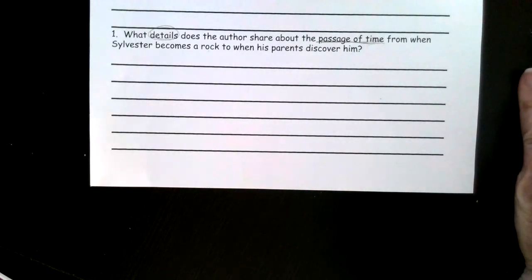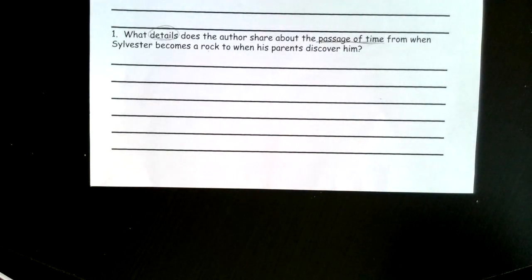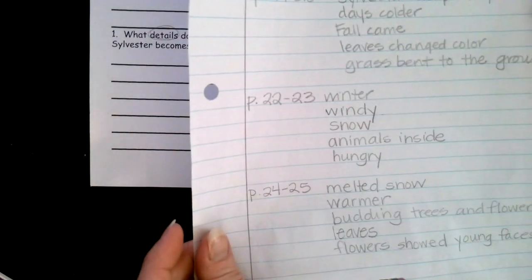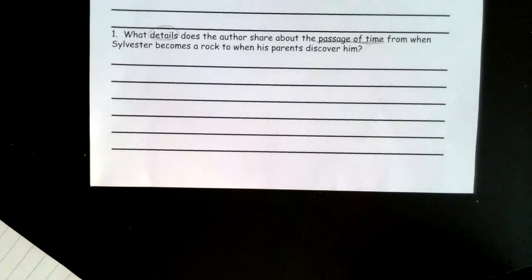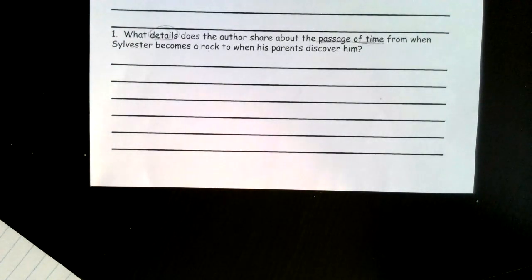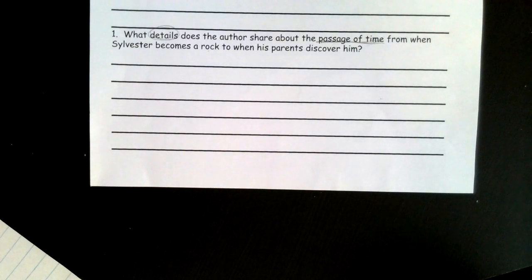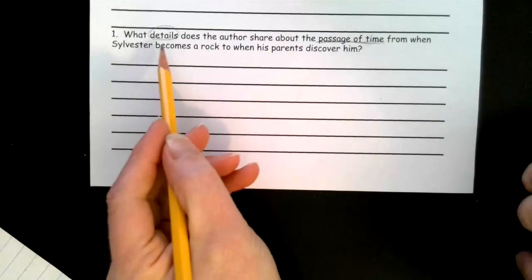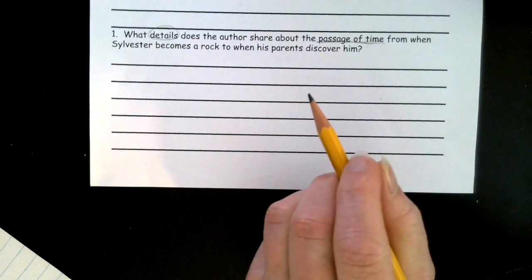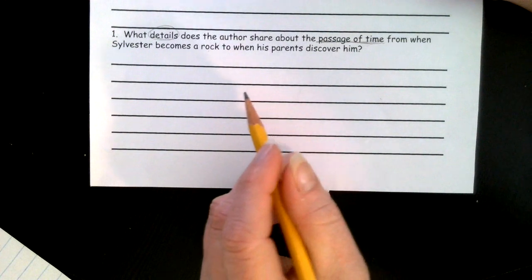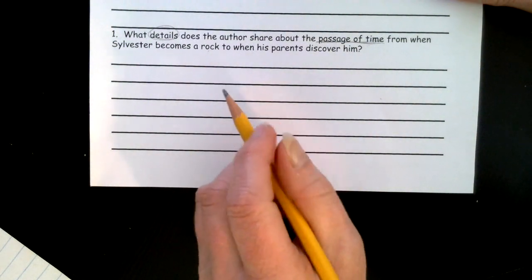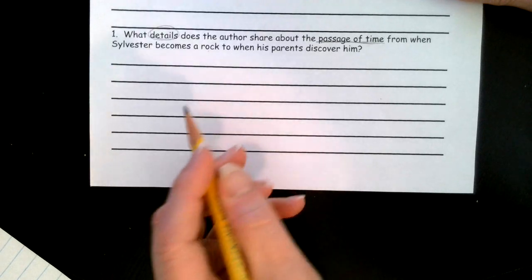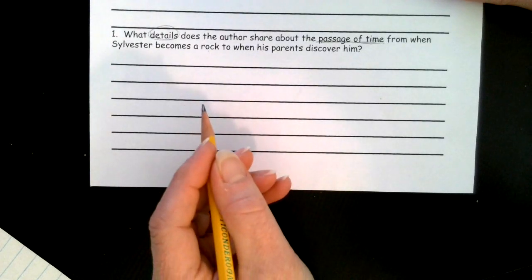Okay, so we're looking at part 3, and we took some notes yesterday all about what happened to show that time was passing in the story. And they're asking here what specific details. As I'm looking at my notes and as you're looking at yours, first off, we know that they're searching for a month.